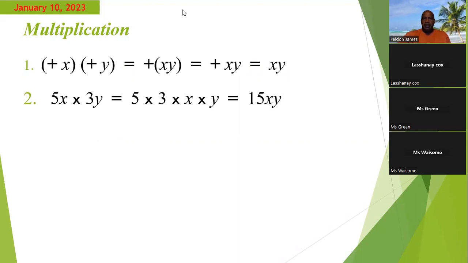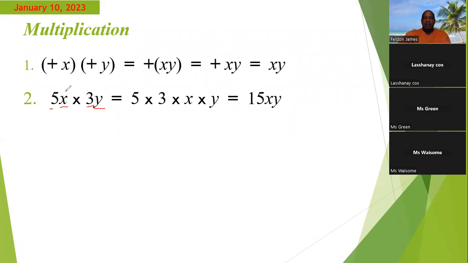All right, here now, if we follow the same principle, if we're multiplying 5x times 3y, we treat the numbers separately from the symbols.